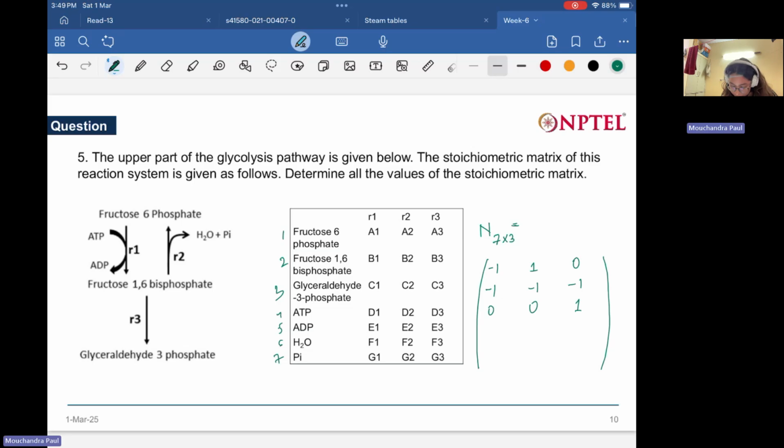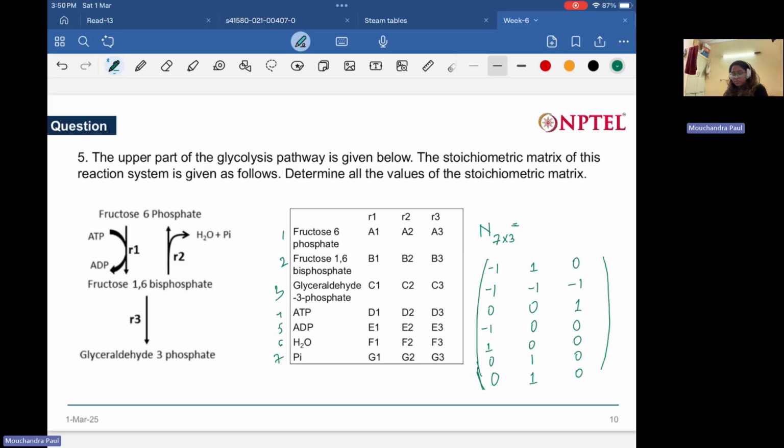ATP is getting consumed, or it is a reactant, for reaction 1, and it is not involved in any of the other reactions. ADP is getting formed in reaction 1, and it is not involved in any other reactions. Water is getting formed in reaction 2. And Pi is getting formed in reaction 2.